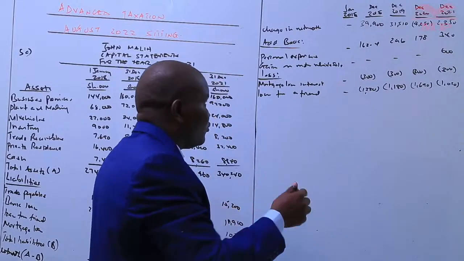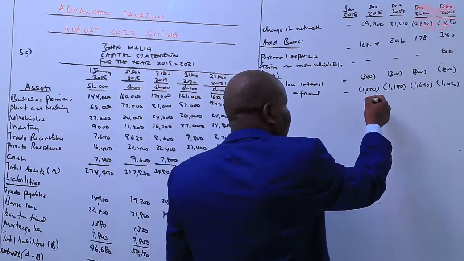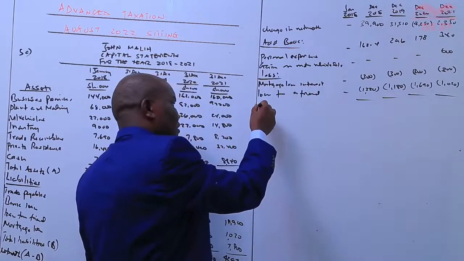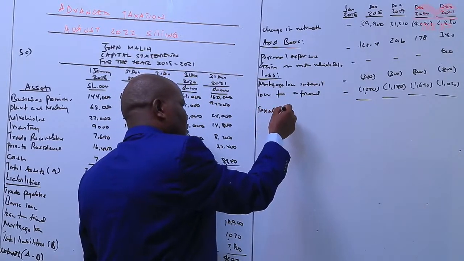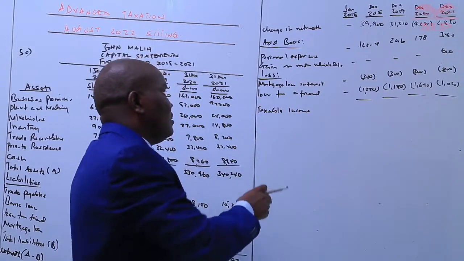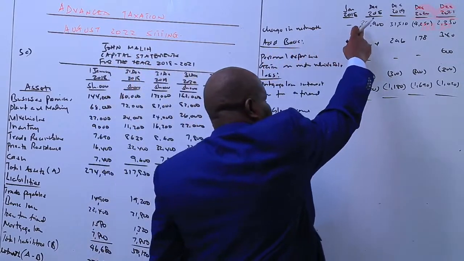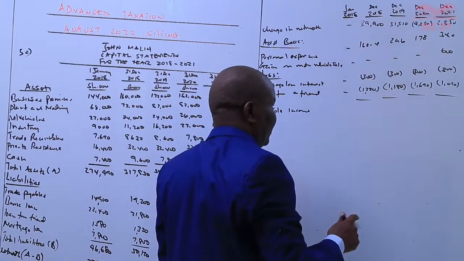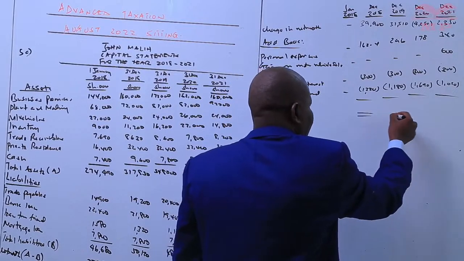And with that, we now get what we call taxable income for each of the years. So taxable income is simply the change in net worth, then we add and deduct the adjustments for each case. So we do it for each year.